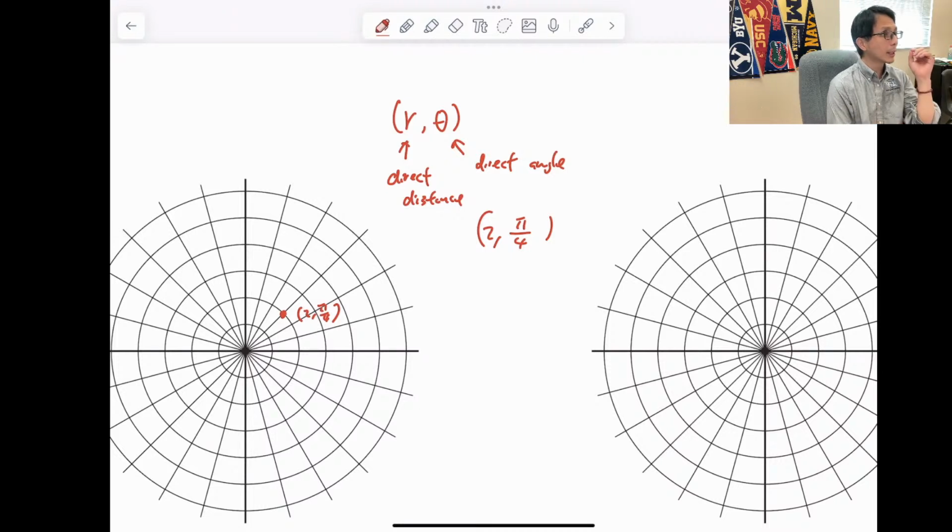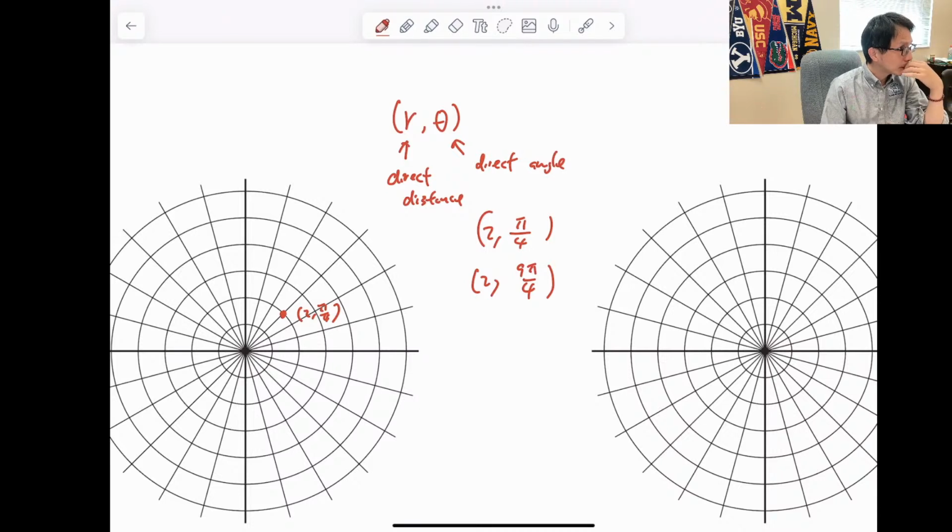So the one interesting thing is the polar coordinate has an infinite number of coordinates that represent the exact same point. Does that make sense? If you use Cartesian coordinates, you can only do maybe one, one or something like that. This one has an infinite number of ways to do it. So you can actually do 2 and all the way around, so it's 9 pi by 4, right?